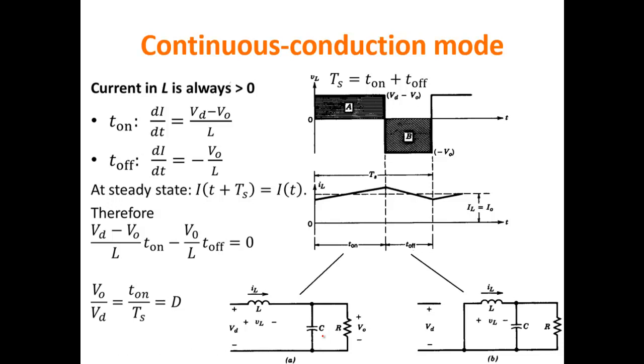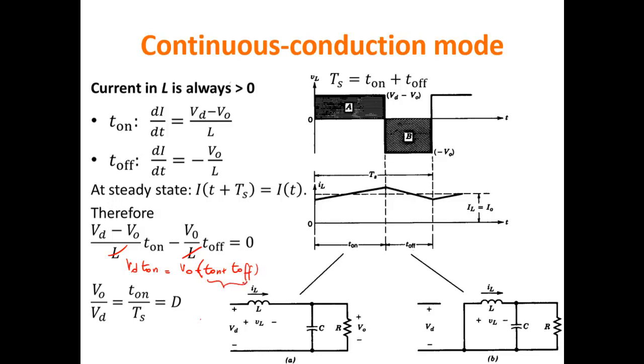You can eliminate L, that is not important. If you put the pieces with Vd, it's only Vd times T on, is equal to Vo times T on plus T off. And T on plus T off is equal to the switching time, Ts.